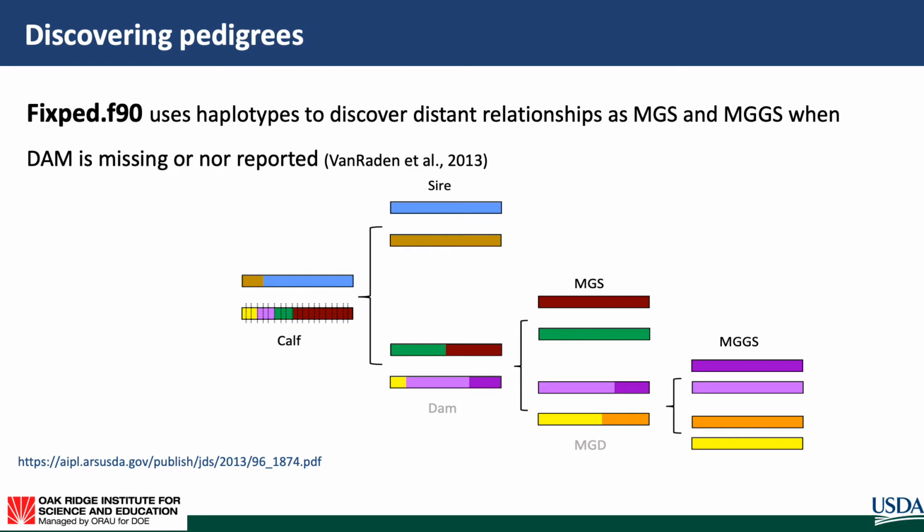FixPed is a program developed to detect relatives and uses haplotypes to confirm or discover a calf's distant relatives, which are highly likely to exist in the database. Those are maternal grandsires and maternal great-grandsires, for example.